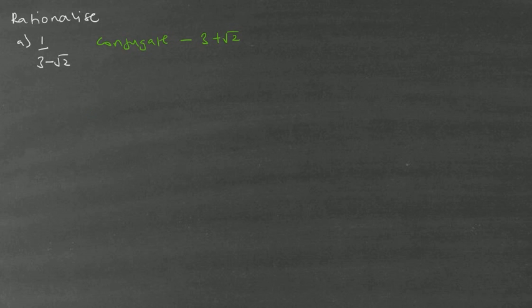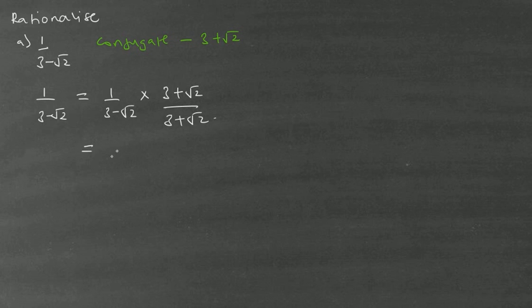So we multiply it in the numerator and in the denominator. Meaning 1 over 3 minus root 2 is equal to 1 over 3 minus root 2, multiplied by the conjugate, which is 3 plus root 2 over 3 plus root 2.